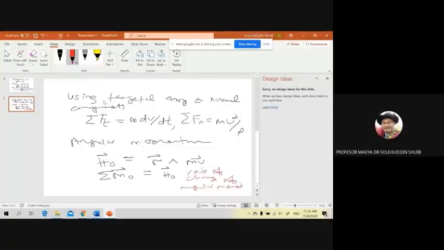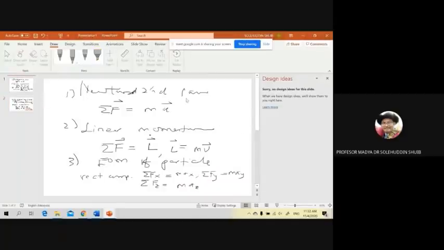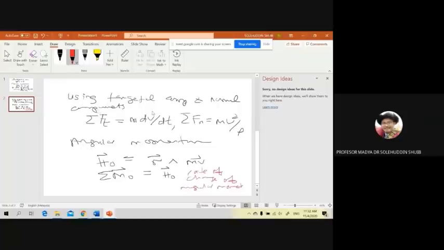And just now we mentioned radial and transverse components. So basically these are the things that we have covered: Newton's second law, linear momentum, equation of motion of particles, then tangential and normal components, and angular momentum.